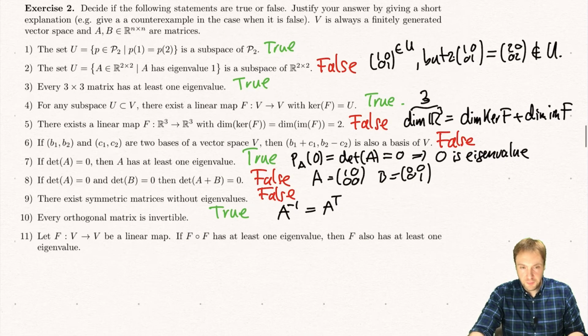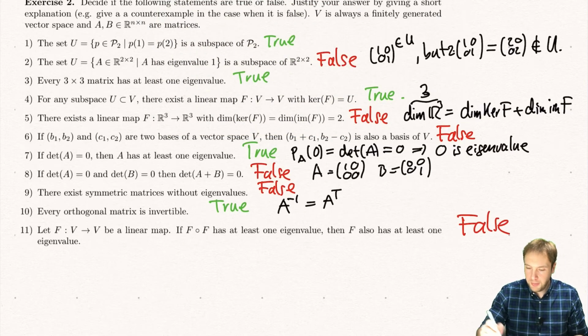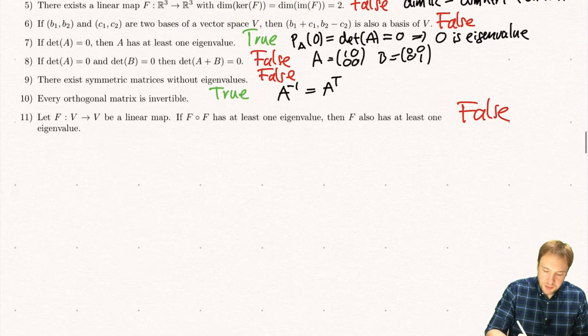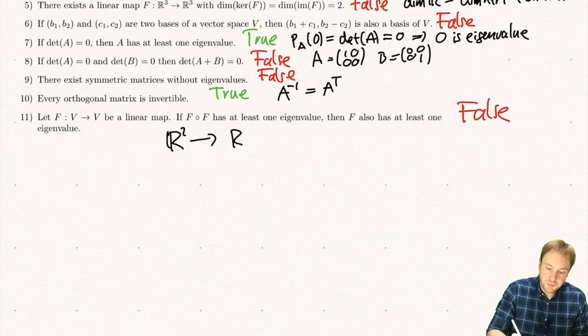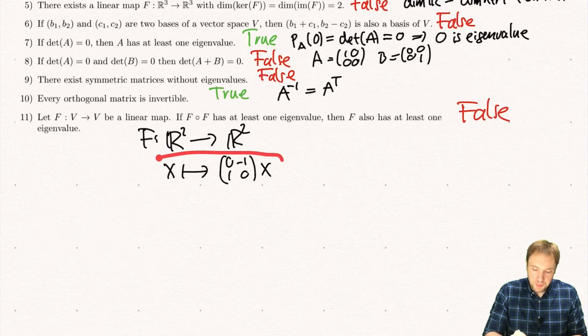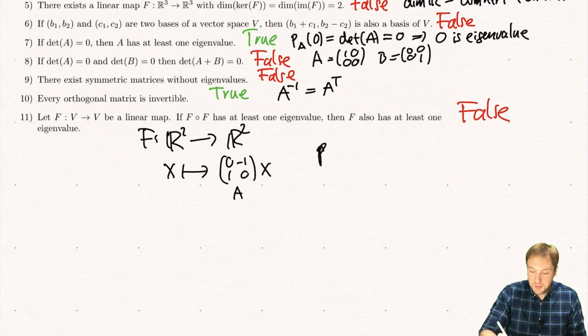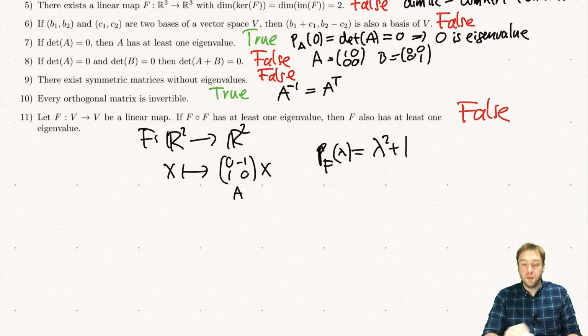And this is false, because if I take this map F from R2 to R2, which sends a vector x to, let's say, this matrix A, the characteristic polynomial of this, P_F(lambda), is lambda squared plus 1, so this doesn't have any zeros.